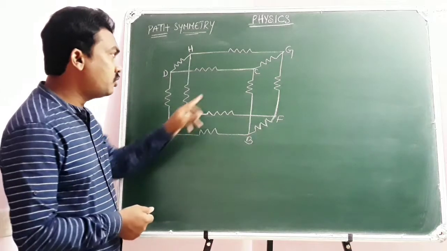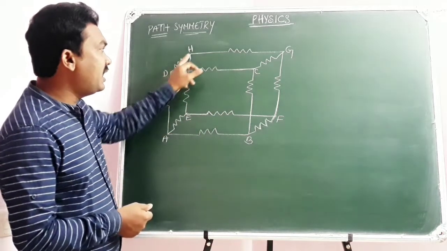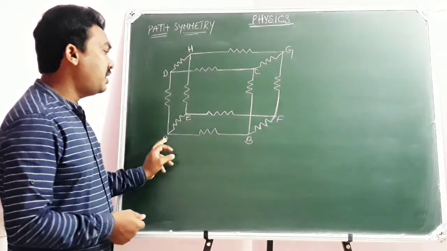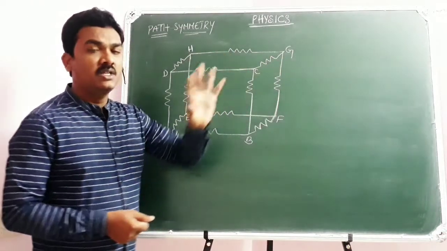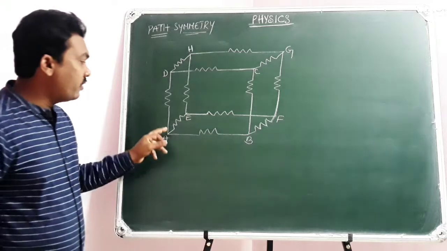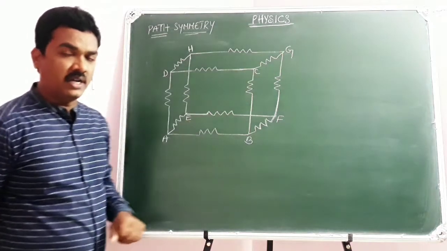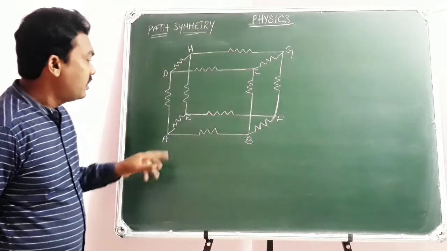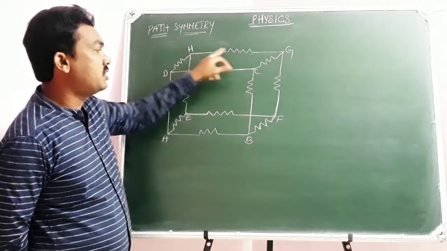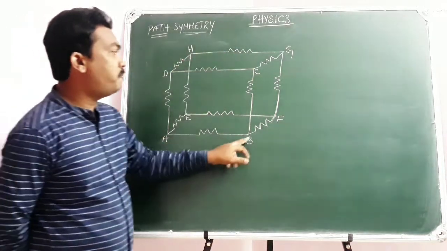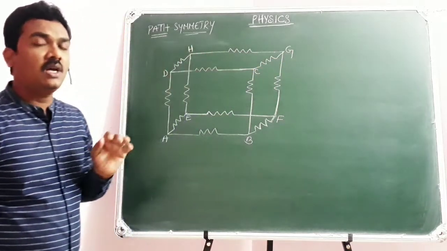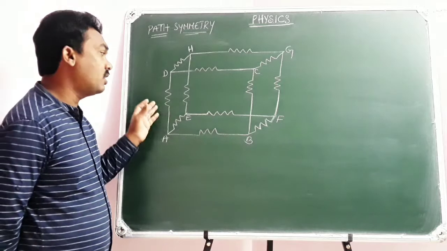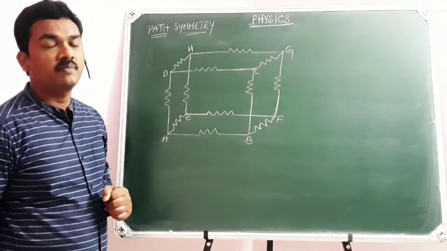While moving from A to G, AD, DH, HG, AE, EH, HG, AB, BF, FG are all identical paths, because the configuration of resistors along all the three paths is the same.